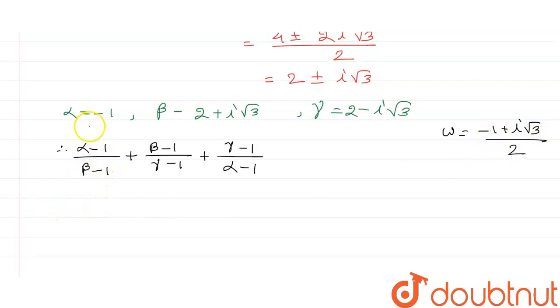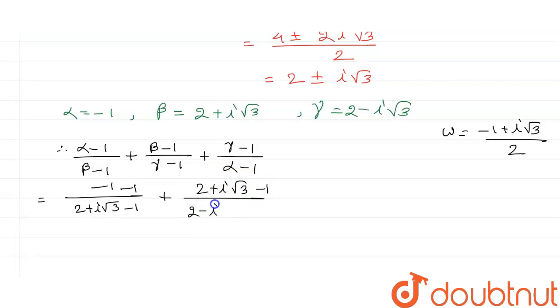So now we put the values of alpha, beta and gamma. Alpha minus 1 is minus 1 minus 1, and beta equal to 2 plus i root 3, so beta minus 1 is 2 plus i root 3 minus 1. Then beta minus 1 over gamma minus 1, where gamma minus 1 means 2 minus i root 3 minus 1, plus gamma minus 1, which is 2 minus i root 3 minus 1, over alpha minus 1, which is minus 1 minus 1.